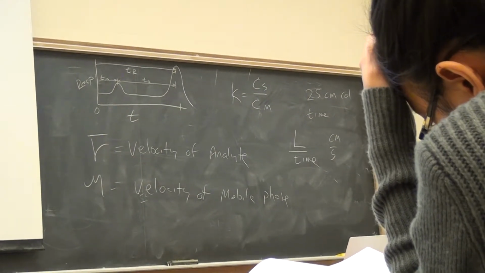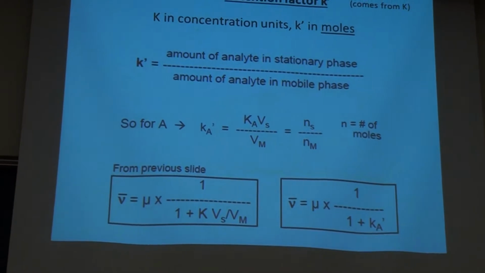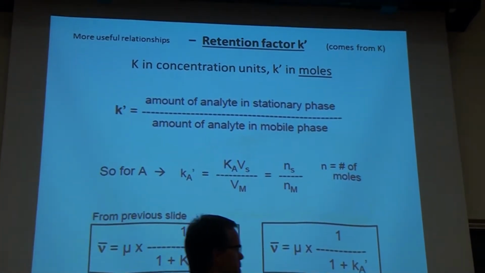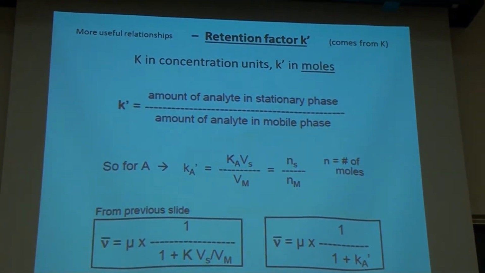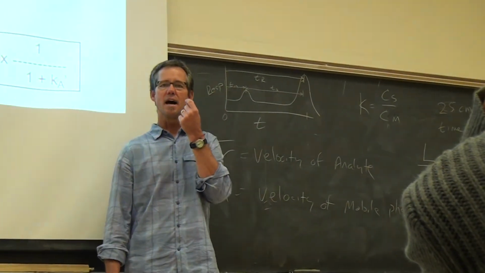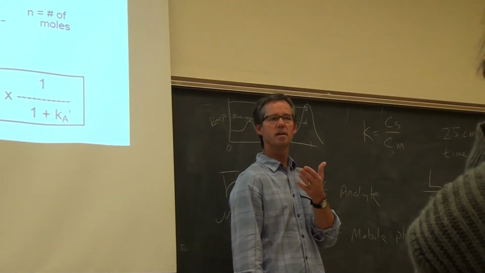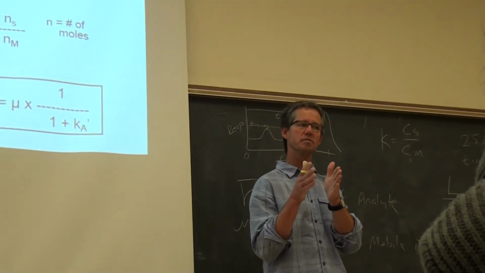Now I can go a step further, and what we really care about is retention. When we think about chromatography and our ability to separate compounds from one another, what allows us to do that is the assumption that these compounds are retained on the column to different degrees.